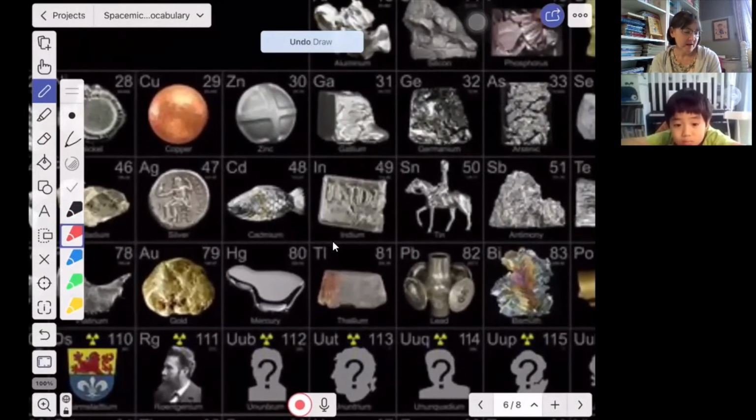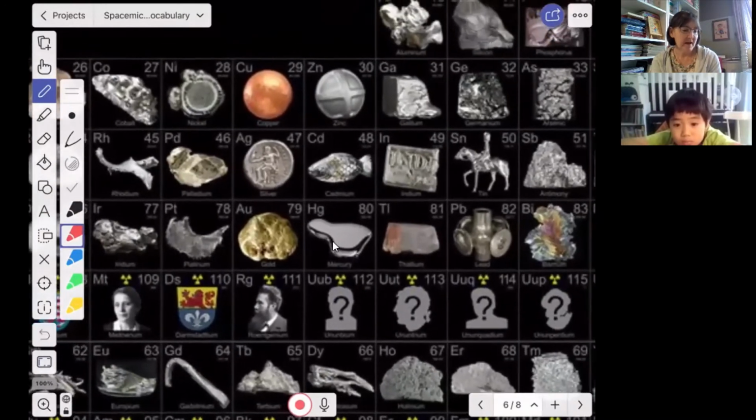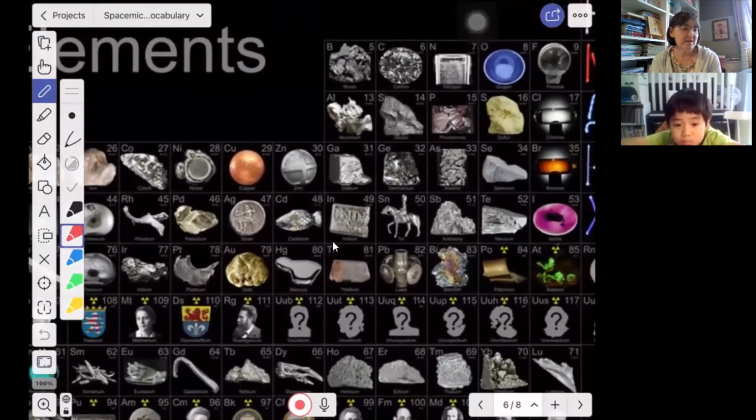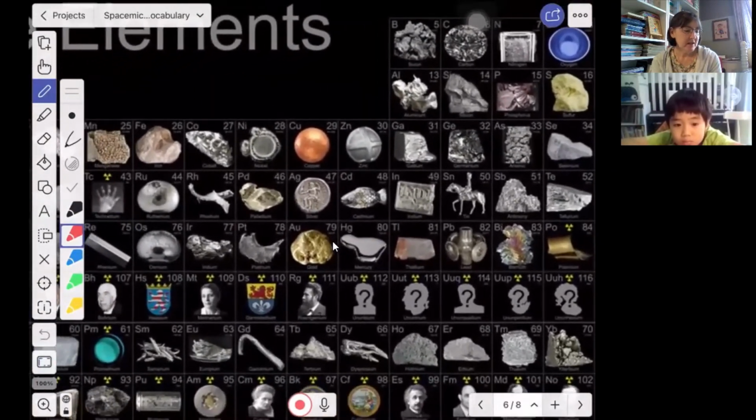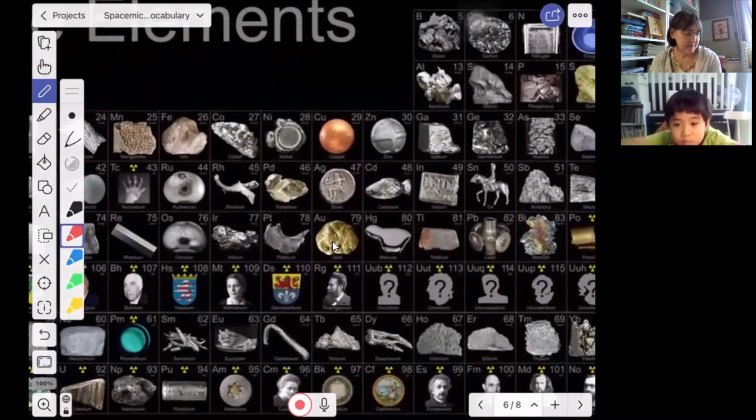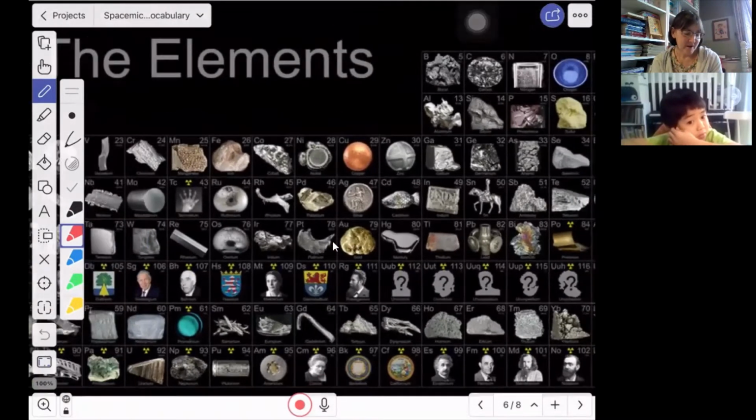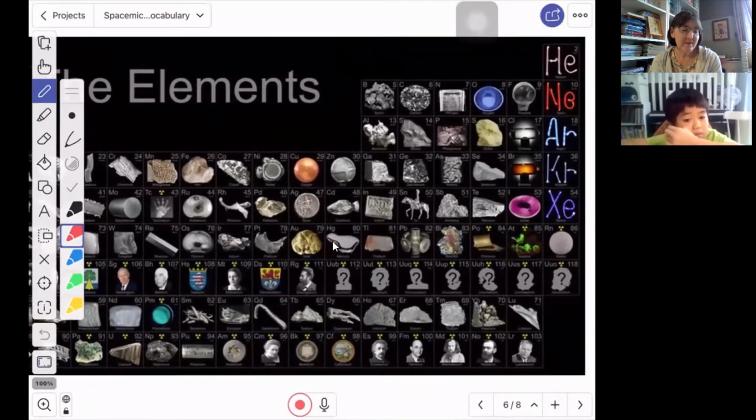I was trying to find, I thought Ag was silver. Where is Ag? Saw that when we were looking at that the other day. Now that I'm looking, Ag. What number is Ag? I can't find it now. Let's see here.